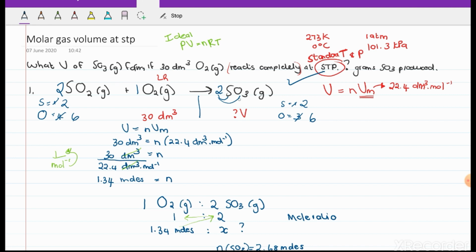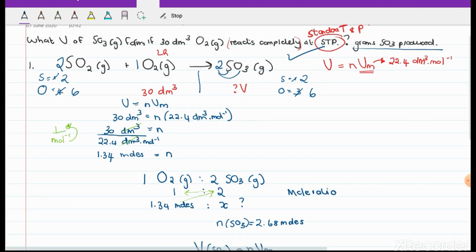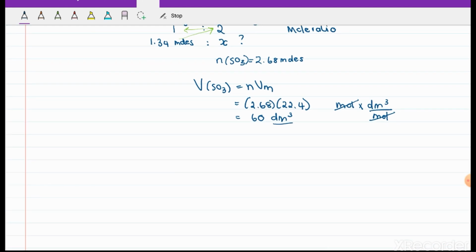Now the second question is, what is the grams of SO3 produced? Okay, and from your simple mole equation, moles is equal to the mass divided by the molar mass. So we have the moles, we have the molar mass, and now we can work out what is the mass. Okay, so the moles is what we calculated as 2.68. The mass is what we want, and the molar mass we can obtain from the periodic table.